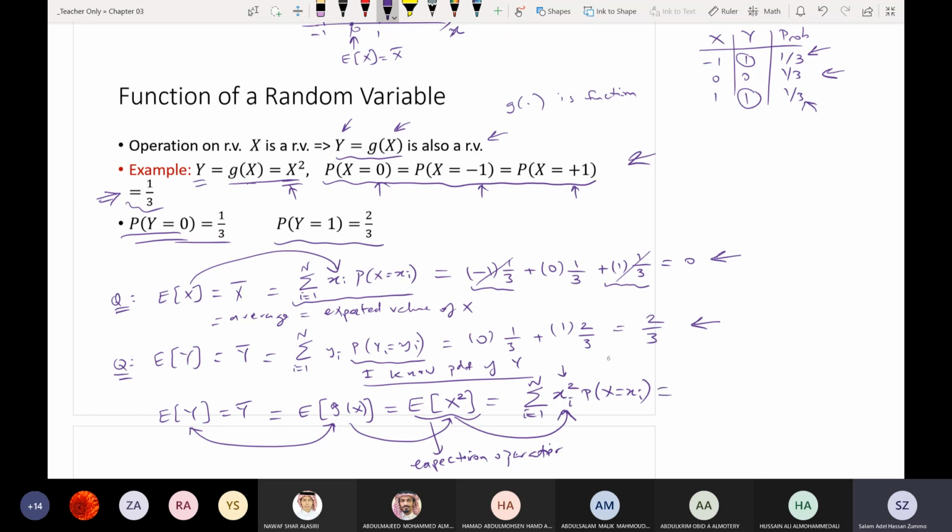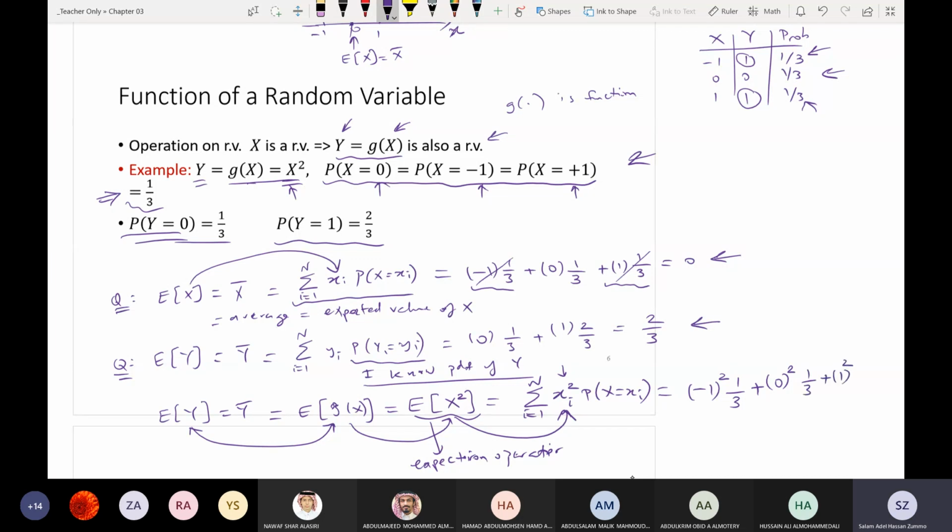Now let's calculate this. X can take three values, right? Our value is -1 squared. What is the probability of that? شباب خليكم معي الله يخليكم. 1/3 plus 0 squared multiplied by 1/3 plus 1 squared multiplied by 1/3.